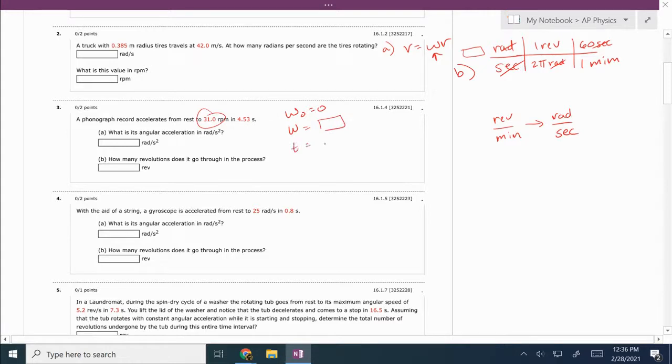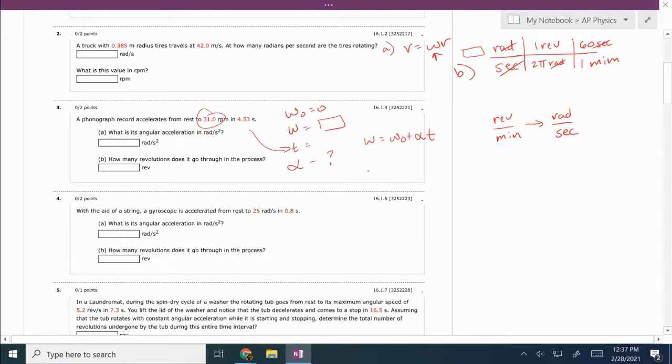Your time is given, and then you need to find alpha. I would recommend the Paul equation for that. Then to change it into revolutions, I would first solve for theta.